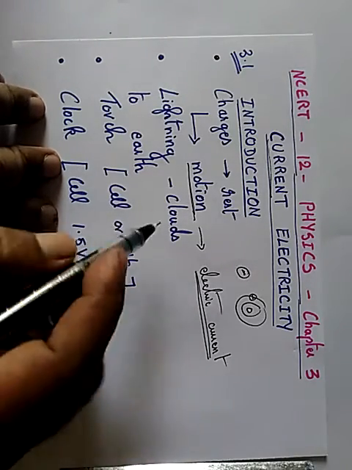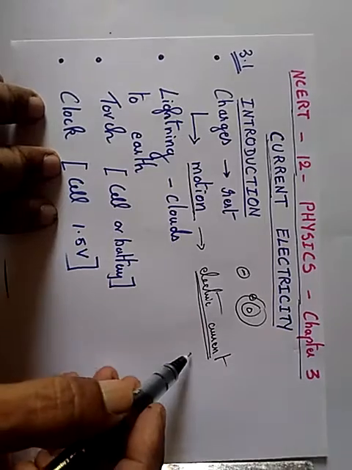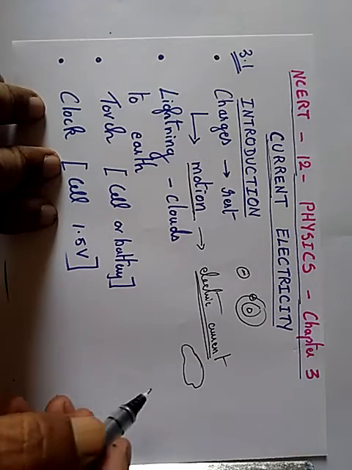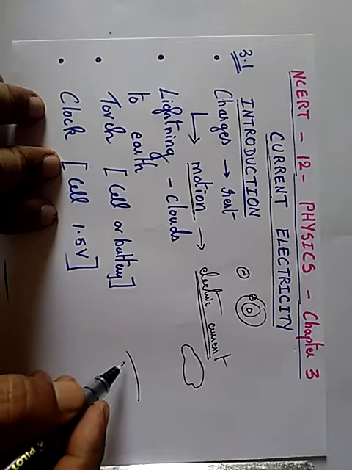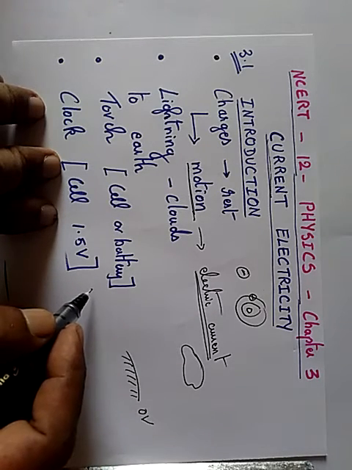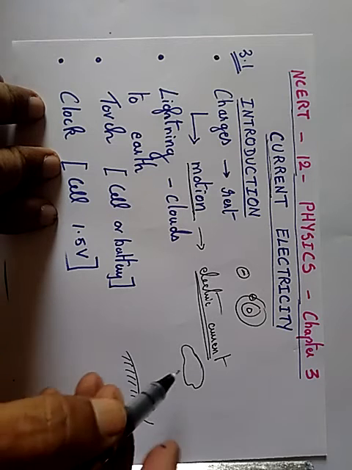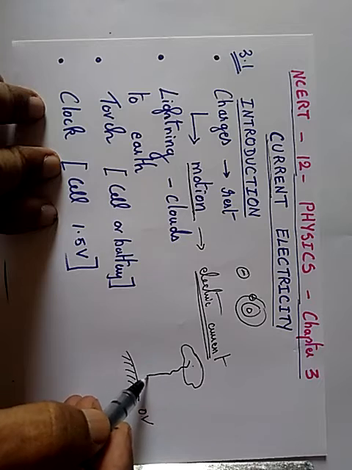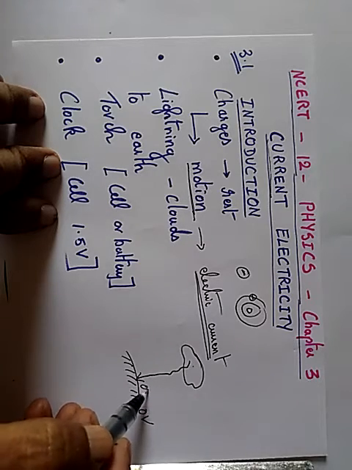One good example is lightning. So you have clouds filled with charges, and this is our earth, which we treat as zero potential. Now the lightning will try to discharge and reach 0 volts.